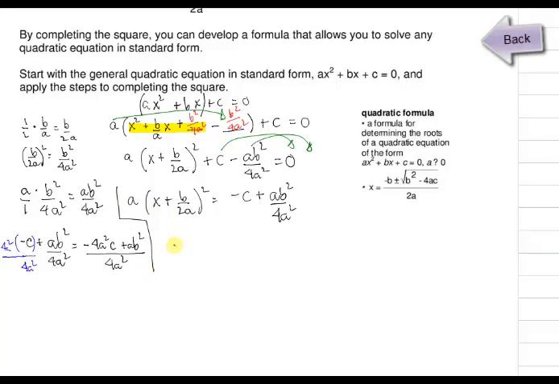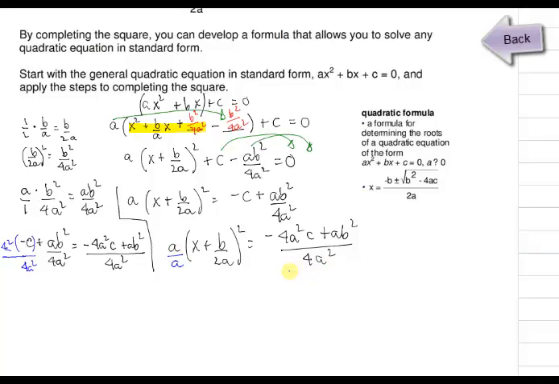All right, so on the left I haven't changed anything yet, but on the right now I have negative 4a squared c plus ab squared all over 4a squared. Now what I want to do is divide both sides of my equation by a, because I want to get rid of it on the left.